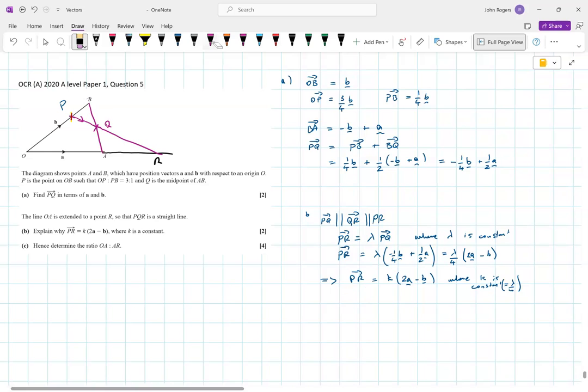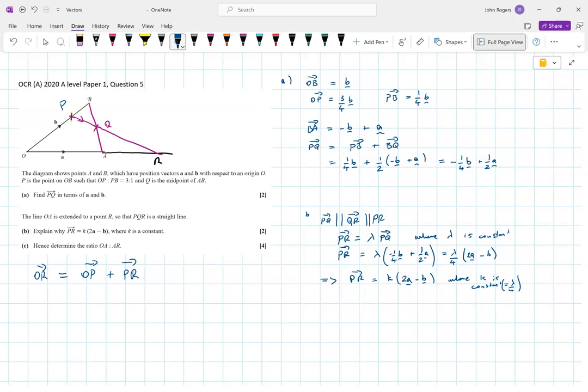And to get the ratio that they want, we're going to use the fact that OA and OR are parallel. Let's write in the proper colour. OR is some constant times A, is basically parallel to, is equal to OP plus PR.